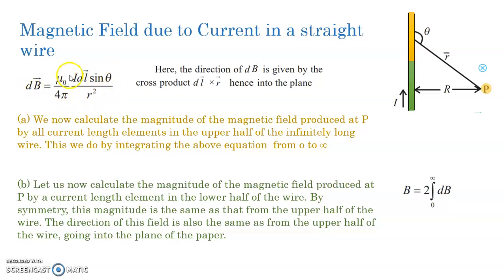Substituting this formula for dB in this equation, we get B is equal to 2 times mu naught divided by 4 pi. Since mu naught divided by 4 pi is constant, it will come out of the integration sign. So we get B is equal to 2 mu naught divided by 4 pi integration of 0 to infinity I dl sine theta divided by r square.